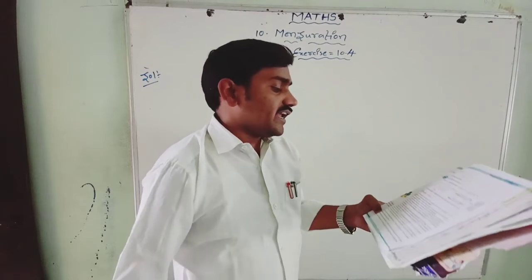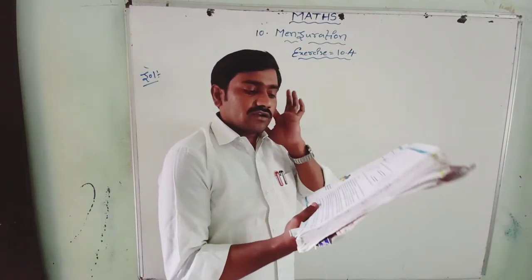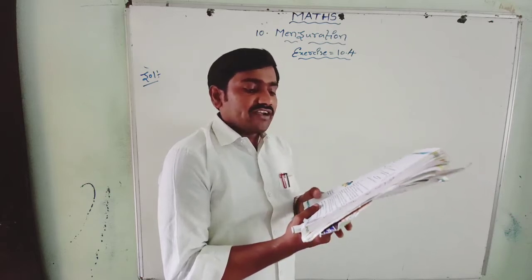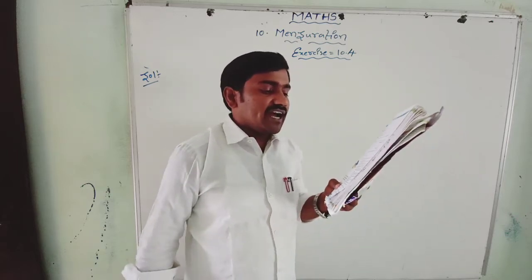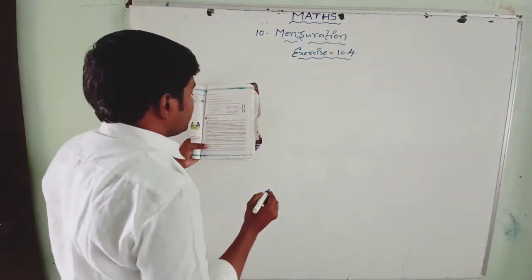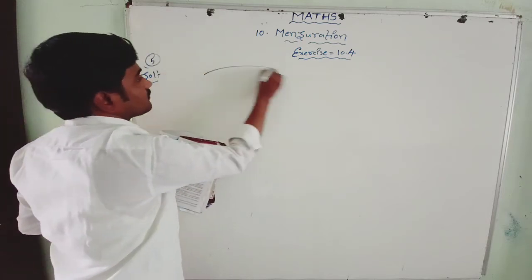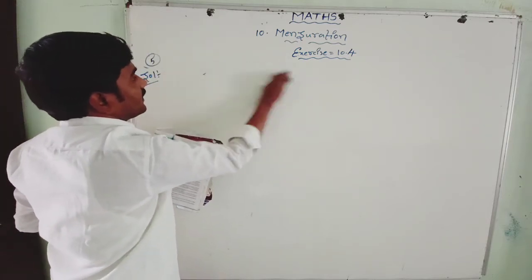Here a container shaped as a right circular cylinder having diameter 12 centimeters and height 15 centimeters. Diameter 12 centimeters and height is 15 centimeters.